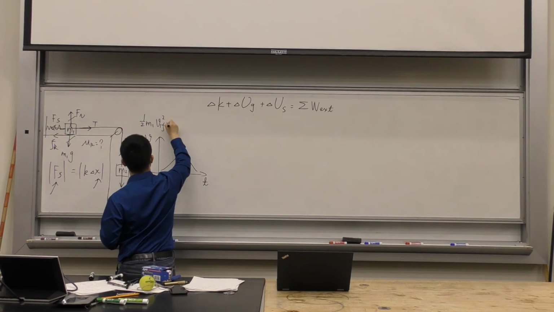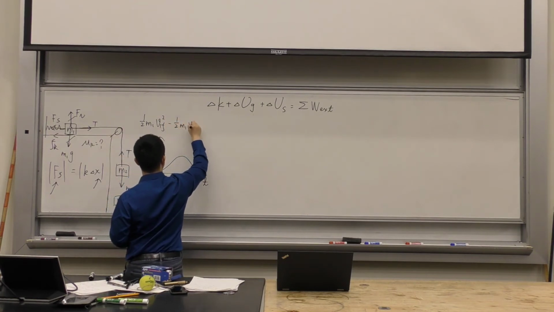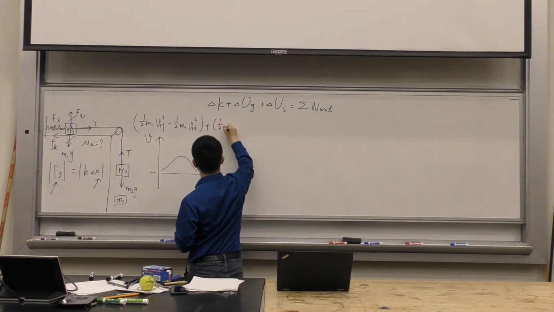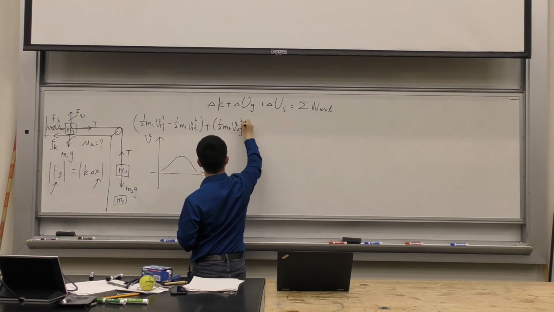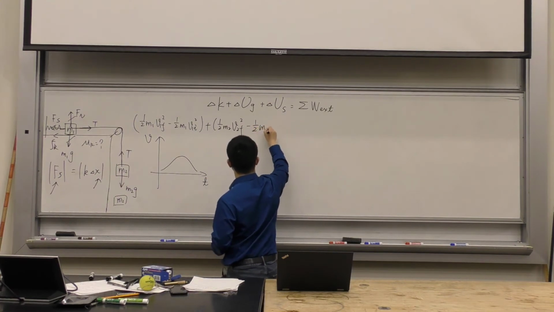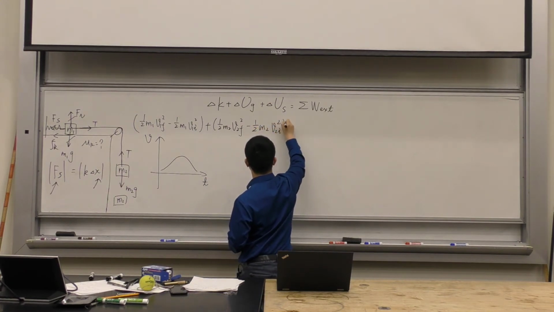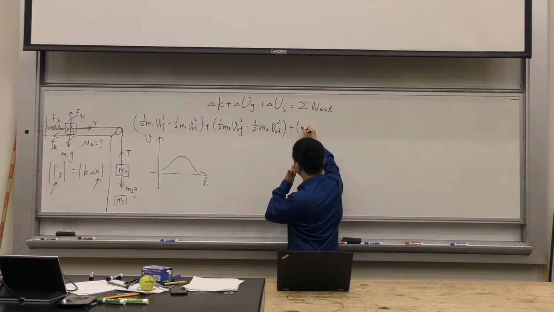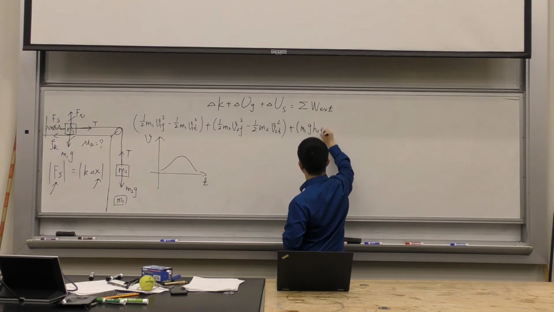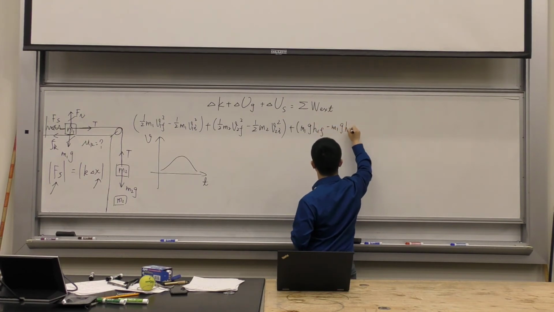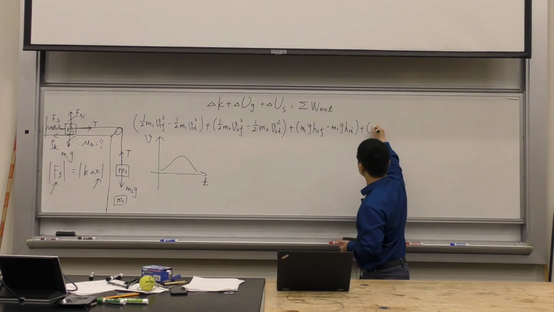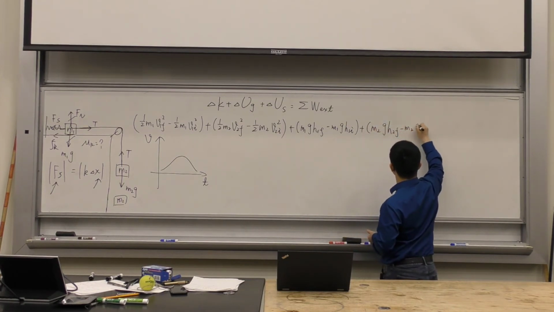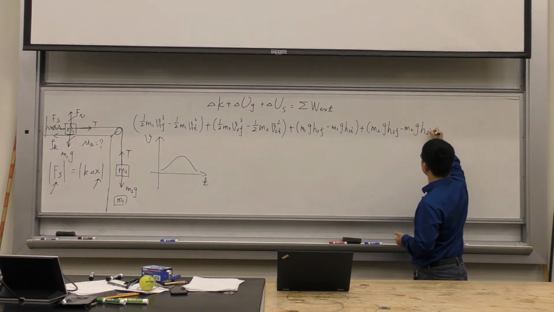So I will have, this is M1, and then do the same thing for M2. Now, gravitational potential energy, you will still use the definition, M1, now M2, right?